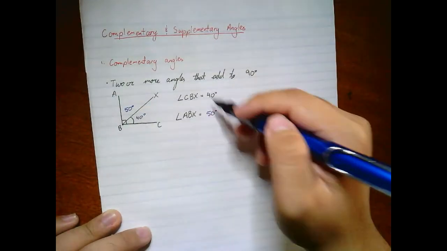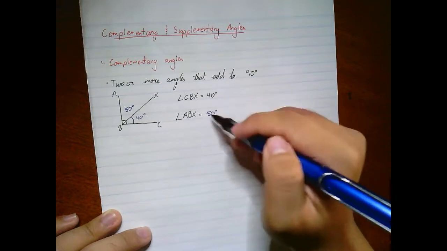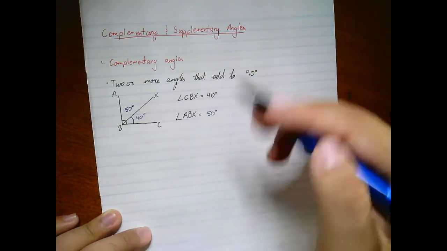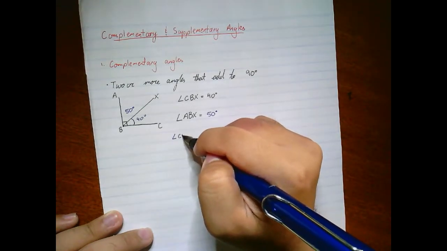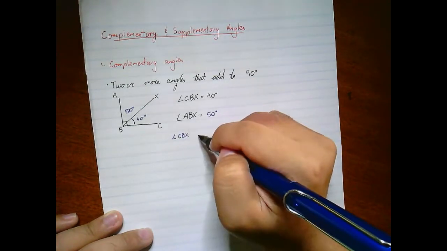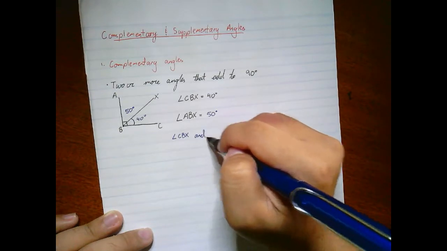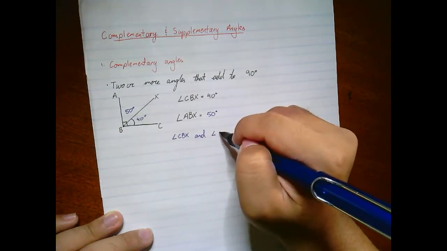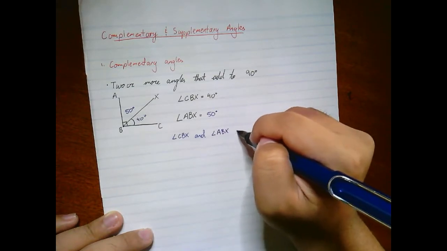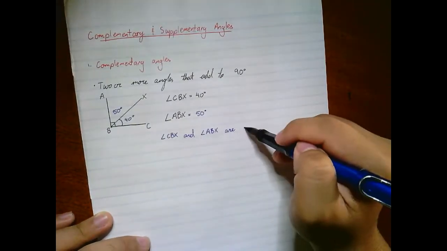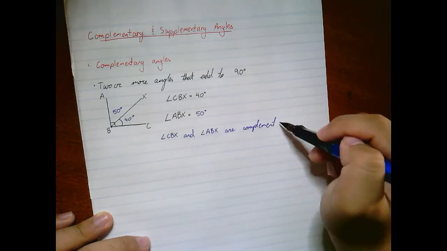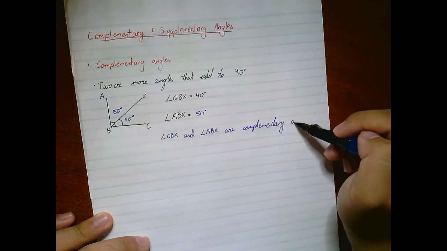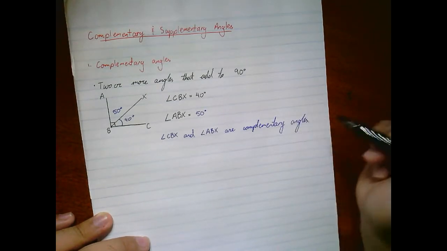So because we see this, we can say now that angle CBX and angle ABX are complementary angles.